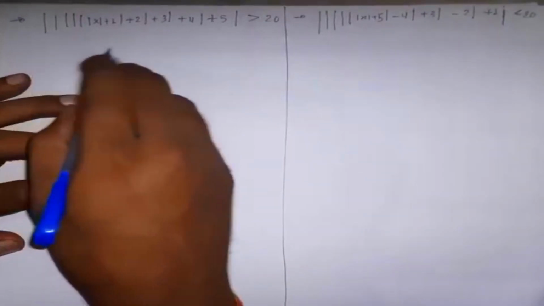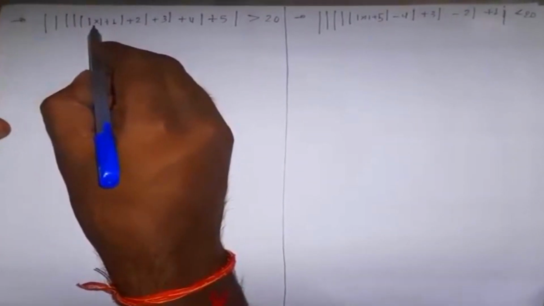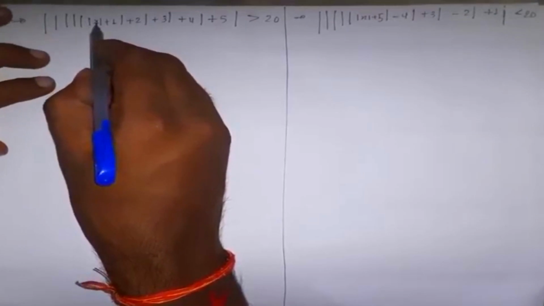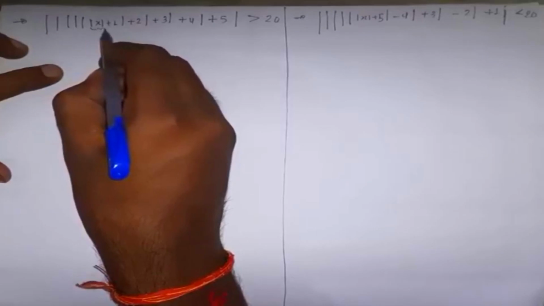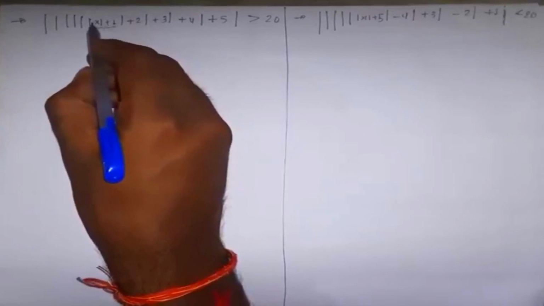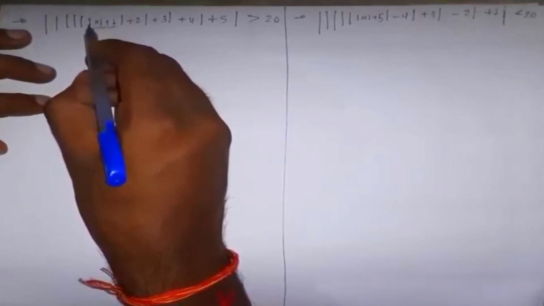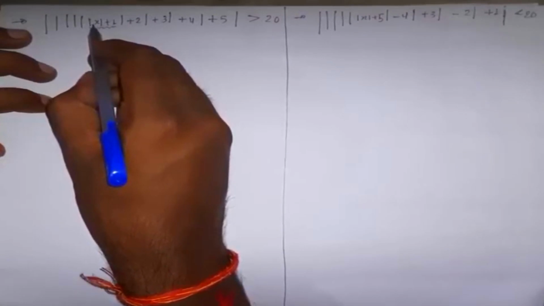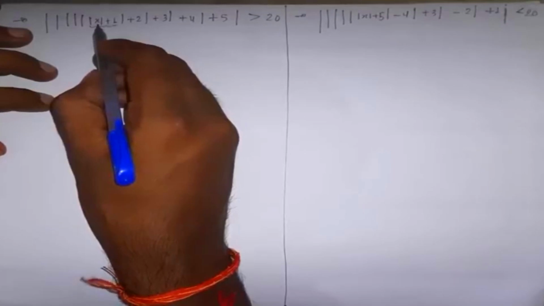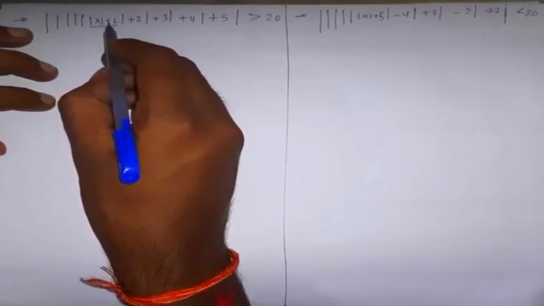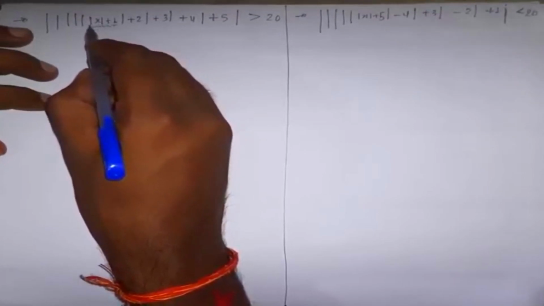Here I can say mod of x plus 1 is positive, because mod of x is positive for every value of x. If we are adding any value to the mod function which is greater than 1, then this portion will be positive.